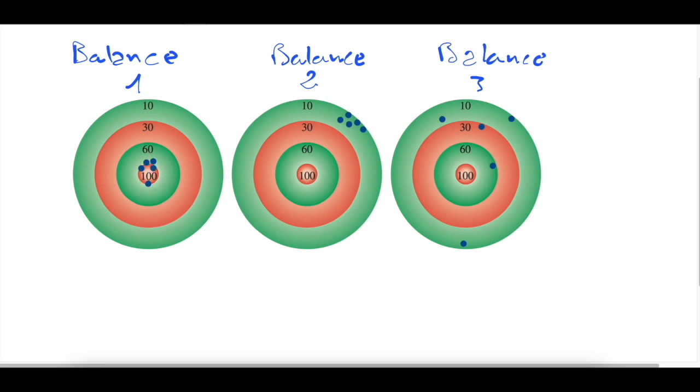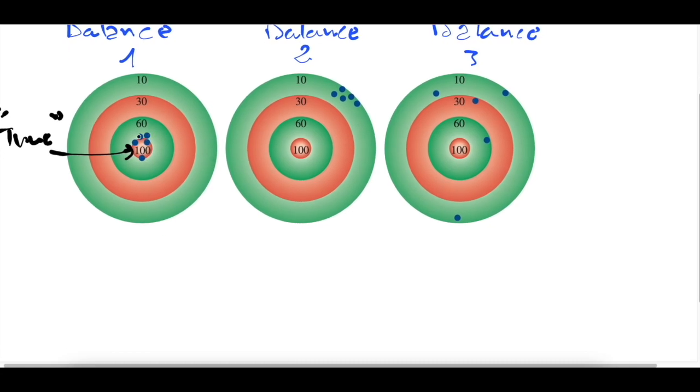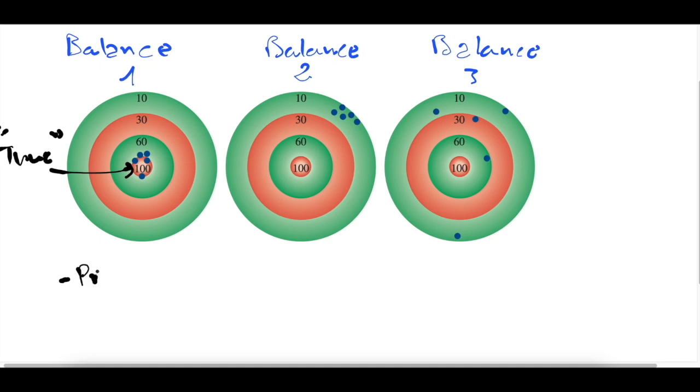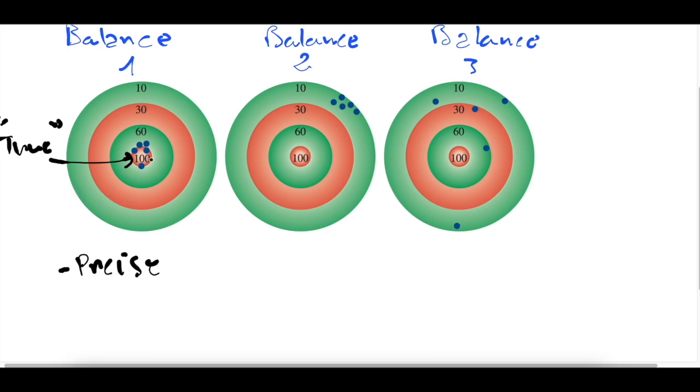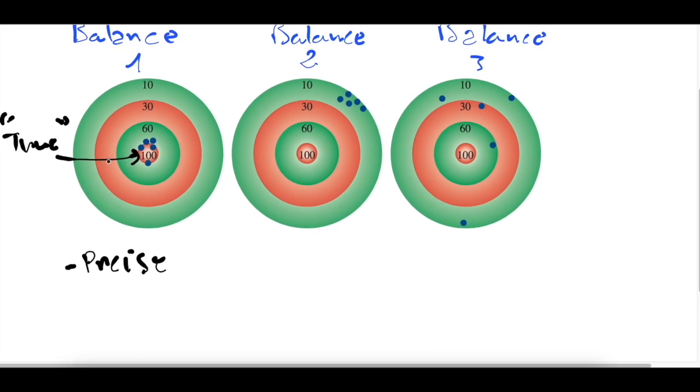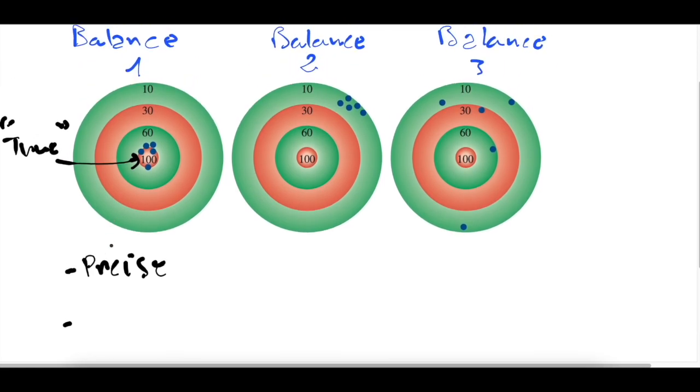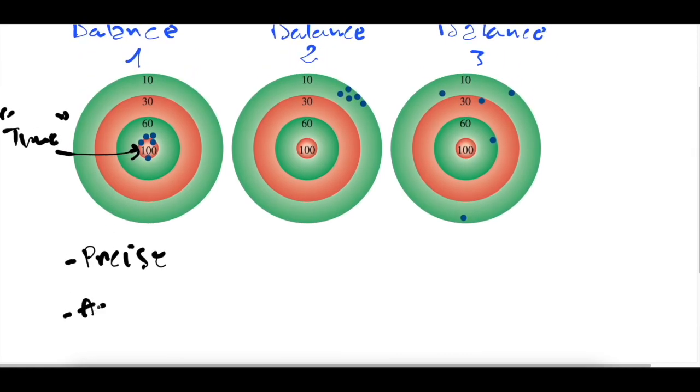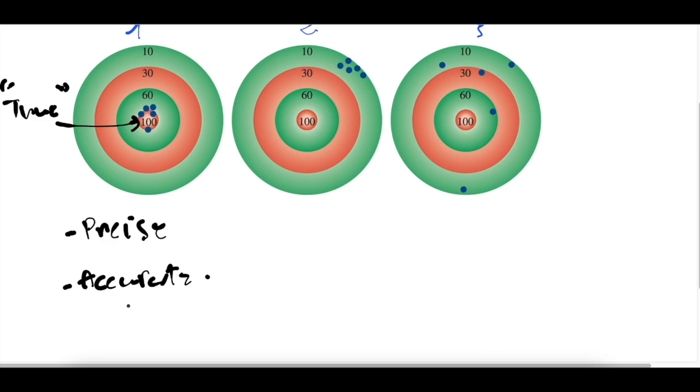The center represents the true value of the gold sample. Here we observe that the set of measurements are stuck together, which means that balance 1 gave a precise measurement. Besides, the 5 measurements are very close to the center, which represents the true value, which means that the first balance also gave an accurate result. So here we have precise and accurate measurements.